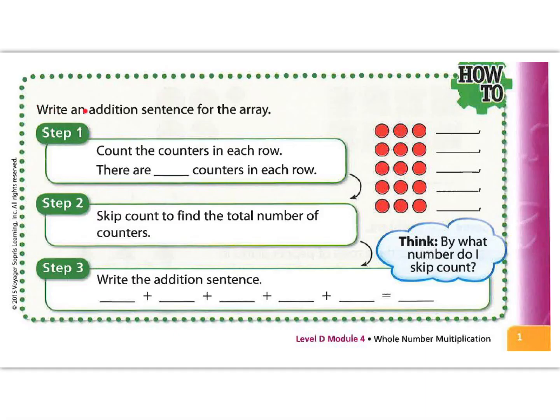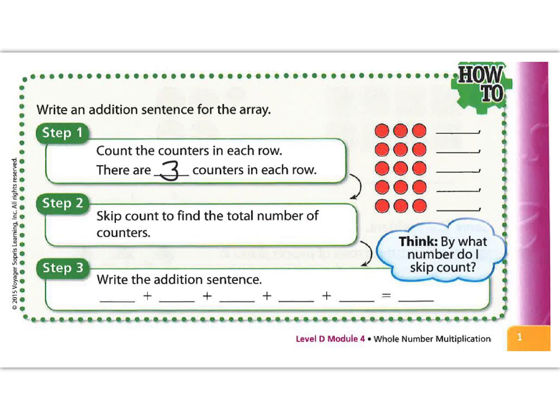This says, write an addition sentence for the array. Step 1, we're going to count the counters in each row. So remember, rows go across. We can see that there's 1, 2, 3 counters in each row. And then it says we're going to skip count to find the total number of counters.